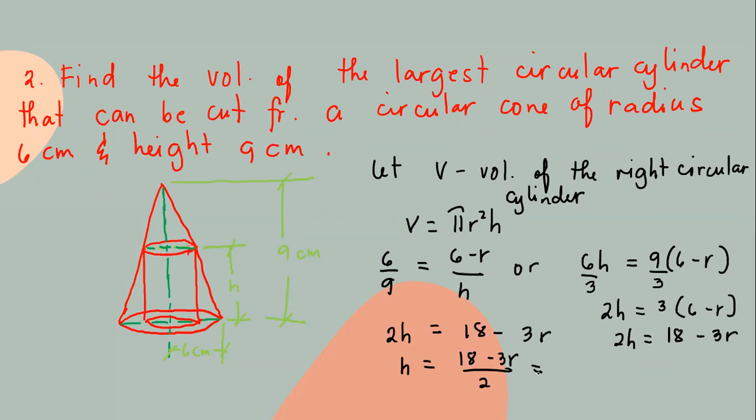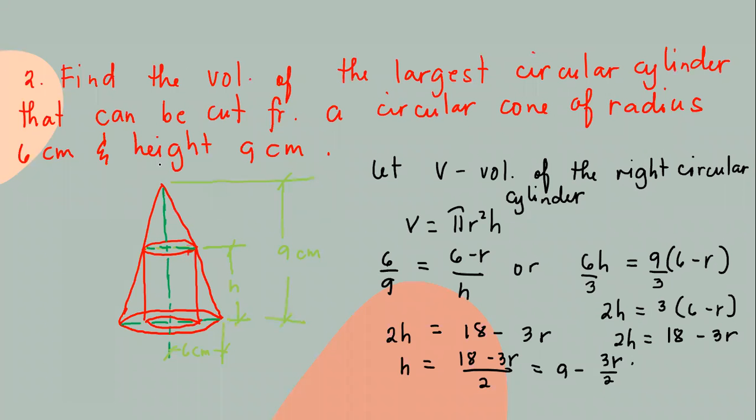Therefore, this is equal to 9 minus 3r over 2. Then thus we have your volume V is equal to pi r squared h. What did we get for h? That is 9 minus 3r over 2.